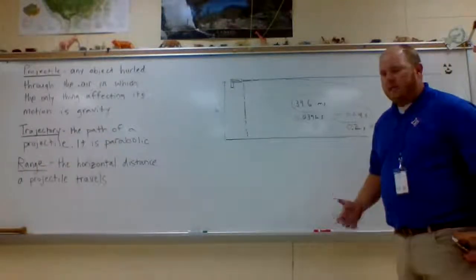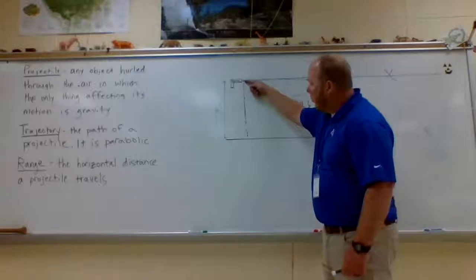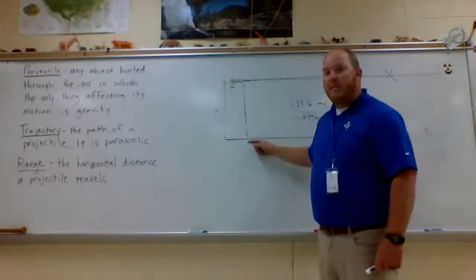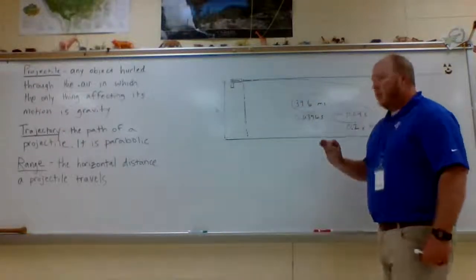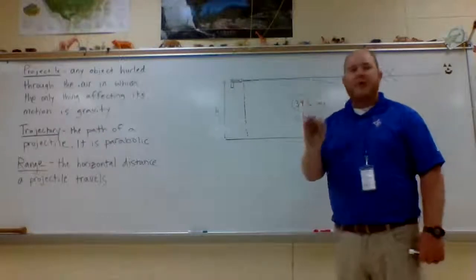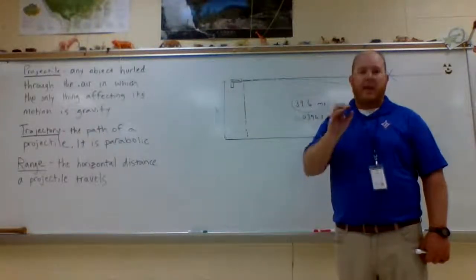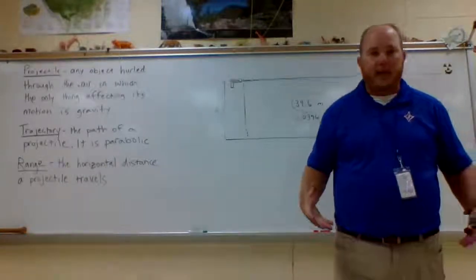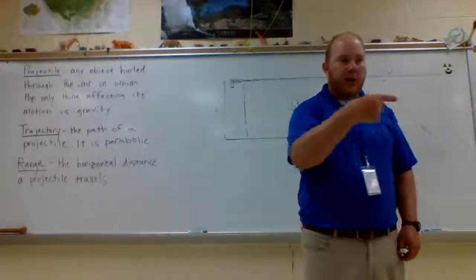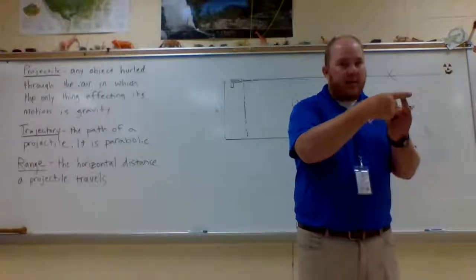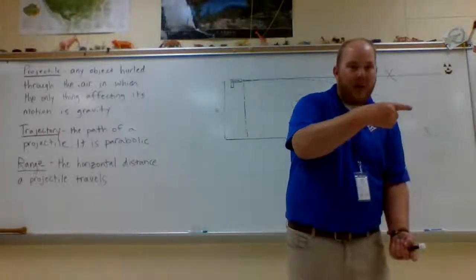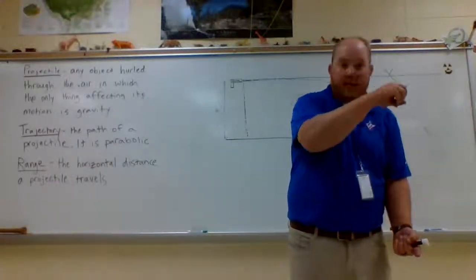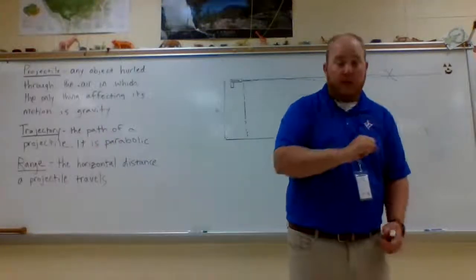So why is that? Why doesn't this shorter route mean less time? Well, it's because gravity always pulls things down the exact same way, no matter what they're doing. So an object can be traveling really, really fast this way, and it's still being pulled down the same way that an object that's sitting still is being pulled down.